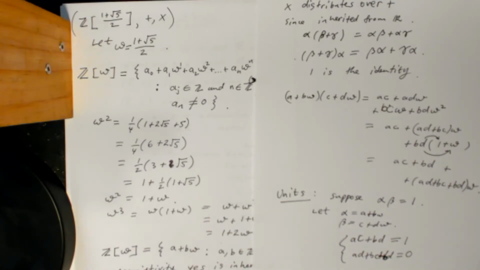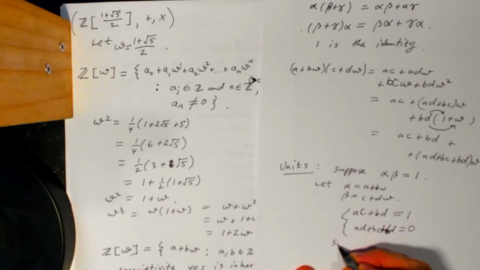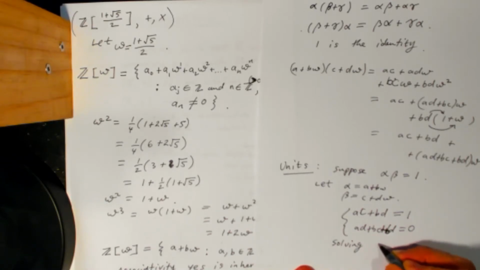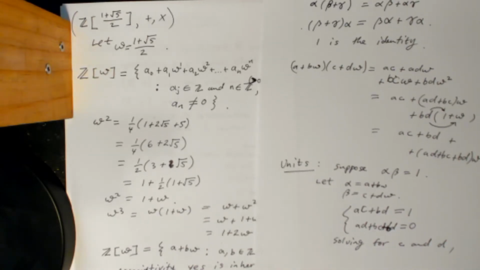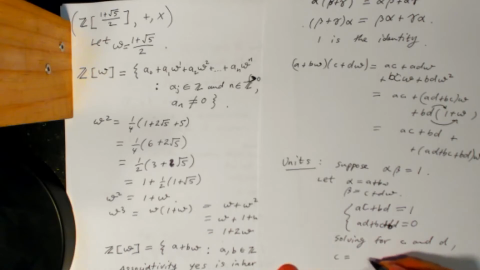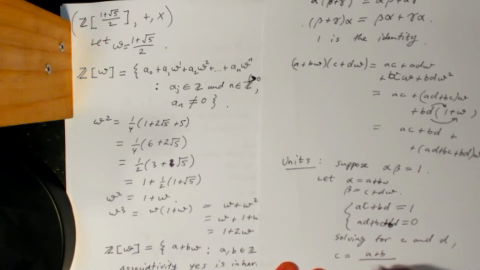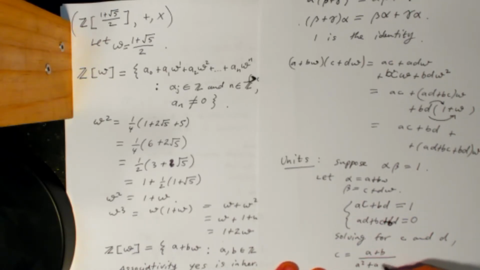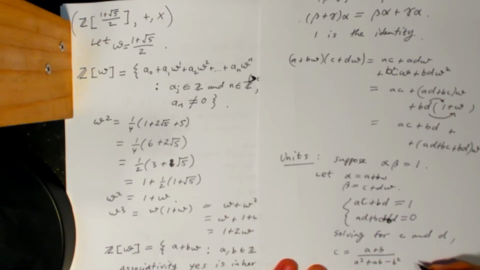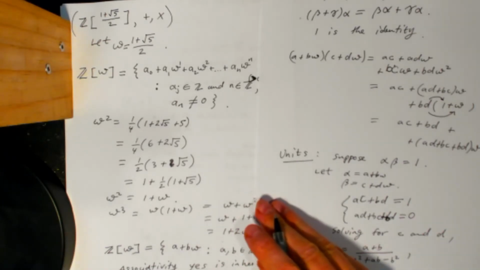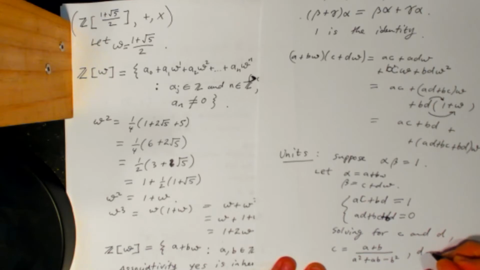Okay, so solving for C and for D, we will get that C is equal to A plus B all over A squared plus AB minus B squared, and D is equal to minus B over A squared plus AB minus B squared.